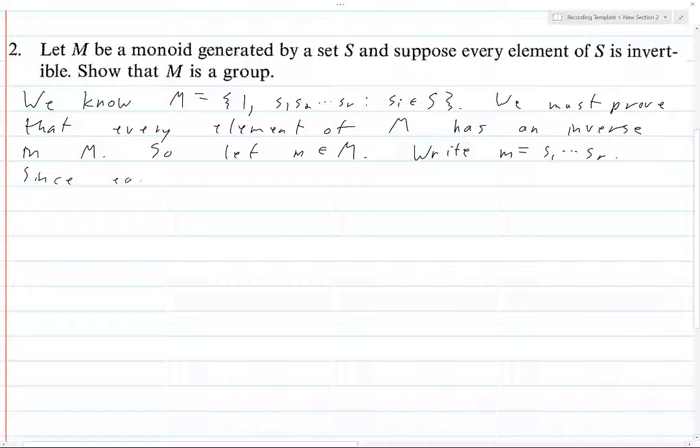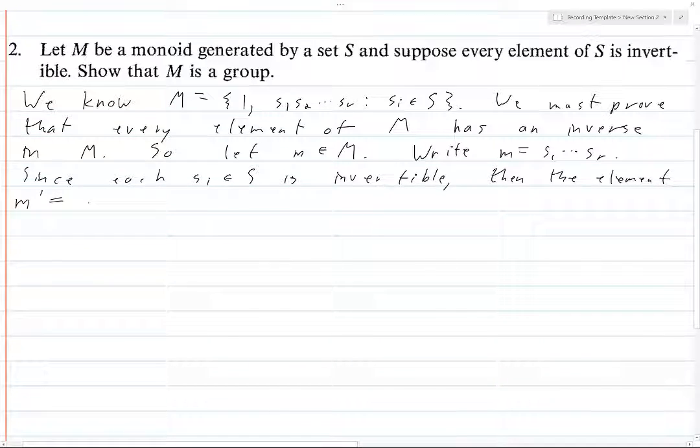Since each Si in S is invertible, then the element, let's call it m prime, which is going to be equal to SR inverse, all the way down to S1 inverse.